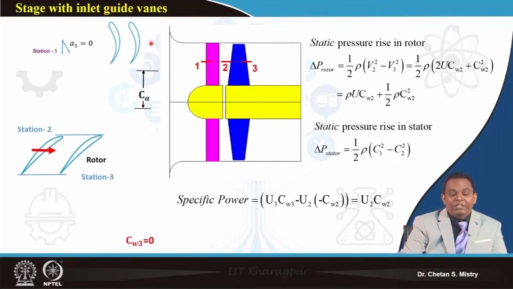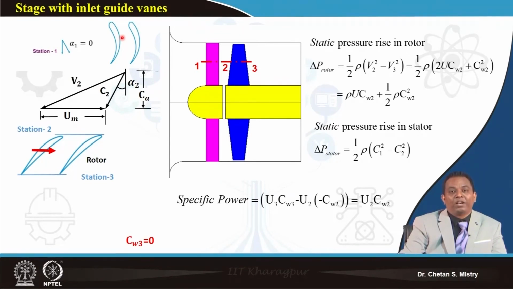With this inlet guide vane, my flow will enter the rotor at some angle alpha 2 with some absolute velocity c2. I know my peripheral speed, so I get my relative velocity component. This is my beta 2, the angle at which my flow is entering the rotor.